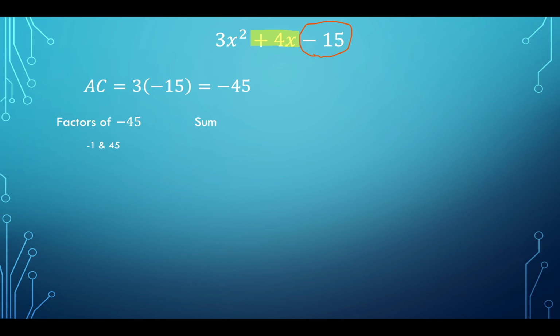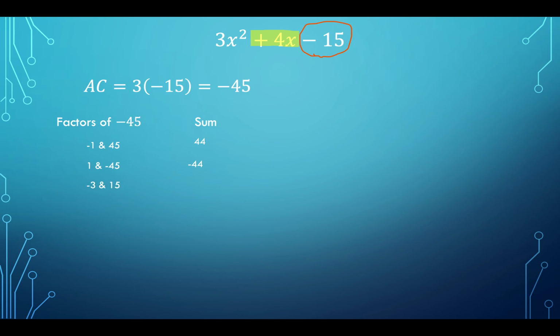So let's start listing our factors of negative 45 and their sum. Negative 1 times positive 45 gives us negative 45. The sum of negative 1 and positive 45 is 44. We can also get negative 45 by doing positive 1 times negative 45, but 1 plus negative 45 gives us negative 44.